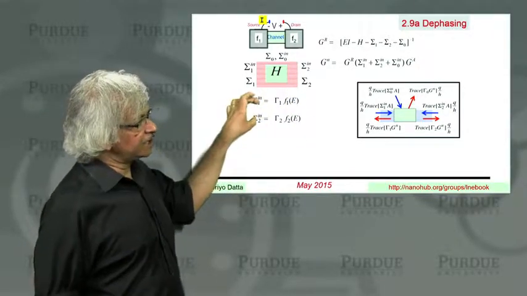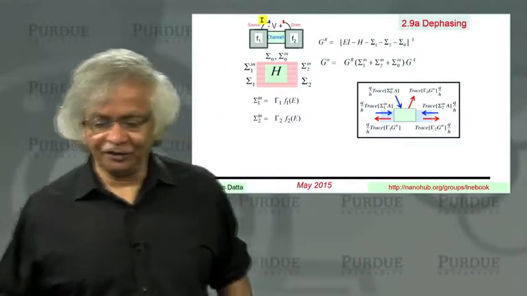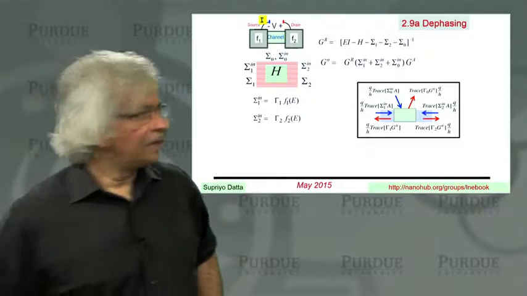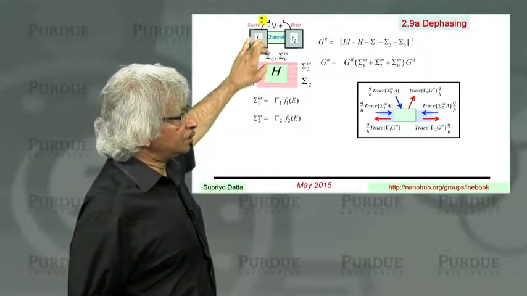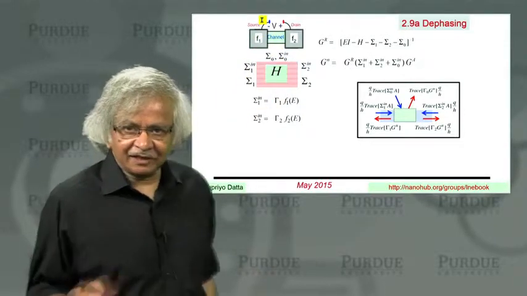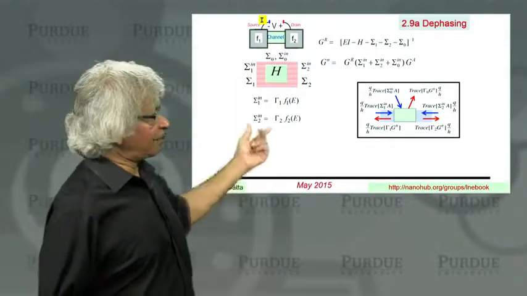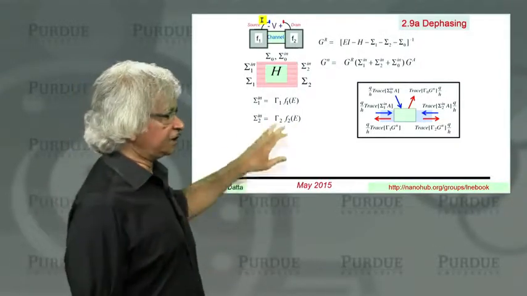But this is a relation that does not apply to the interaction contact or the dephasing contact. At this dephasing contact, sigma 0 and sigma 0 in don't have any necessary connection that you could write down in terms of any Fermi function, because it doesn't have a Fermi function.